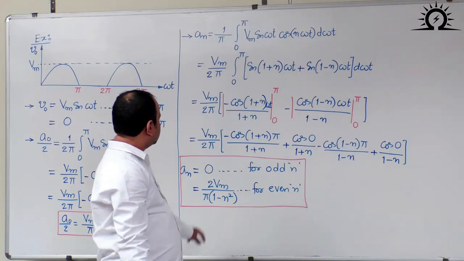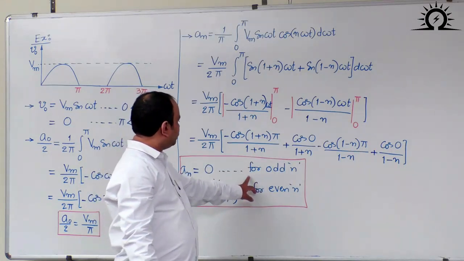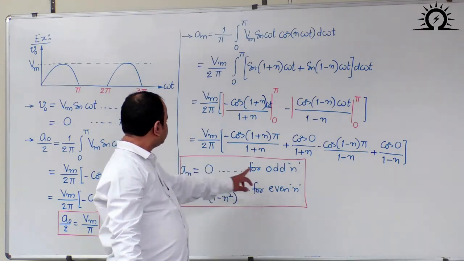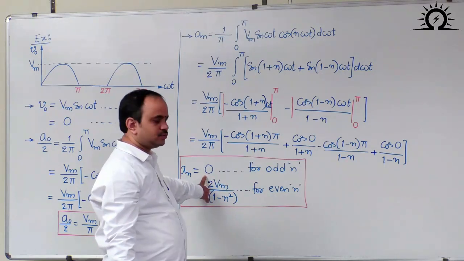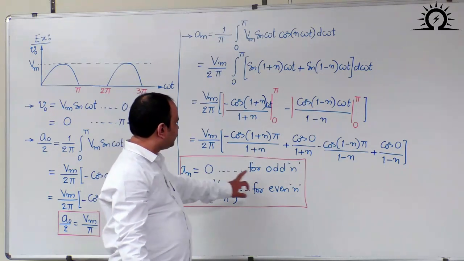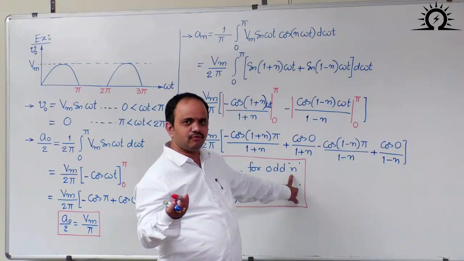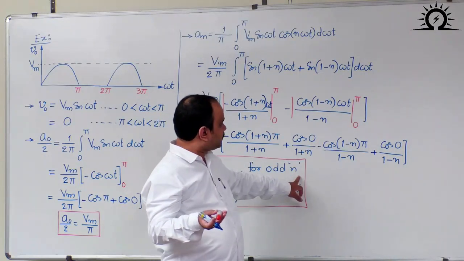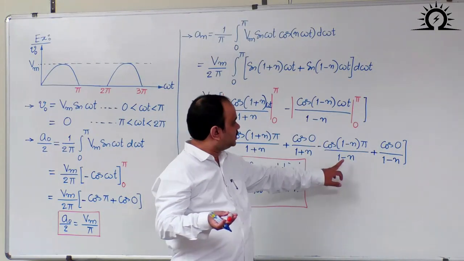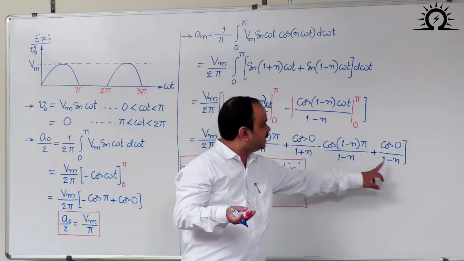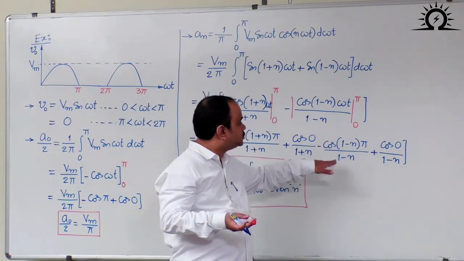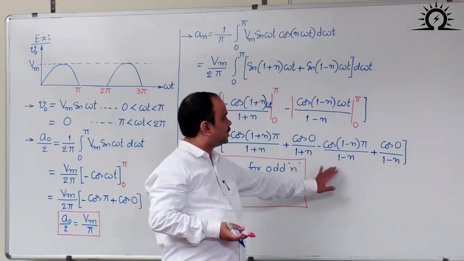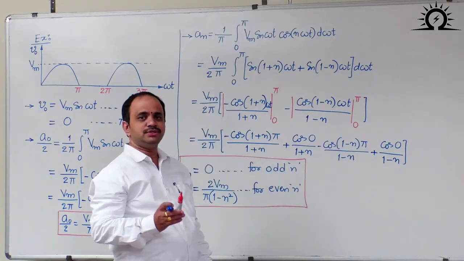Earlier I told that for odd values of n, an are zeros. For example, if I substitute n is equal to 1, because 1 is an odd number, these two terms will have 0 in the denominator.